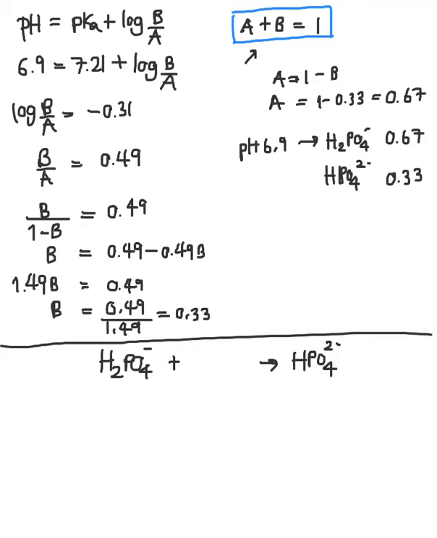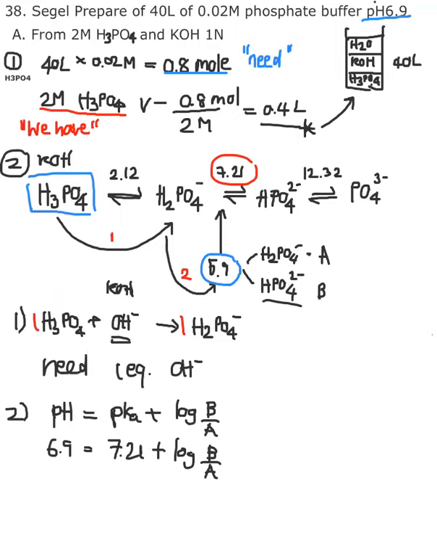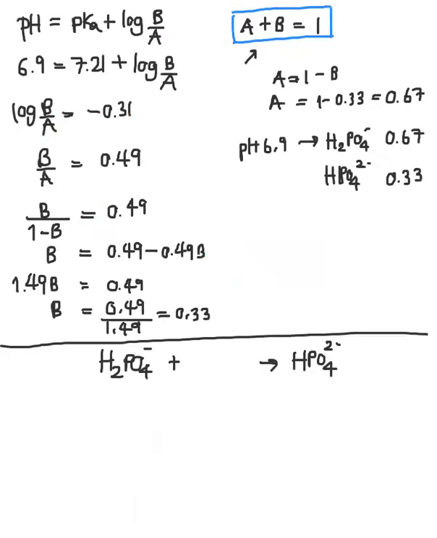So since we said that at the starting of step 2 here, you're starting from 1 equivalence of H2PO4, but at pH 6.9, it had to be partially changed into HPO4. And right now from the calculations, we know that it actually needs to change into 0.33 equivalents of HPO4 2 minus.